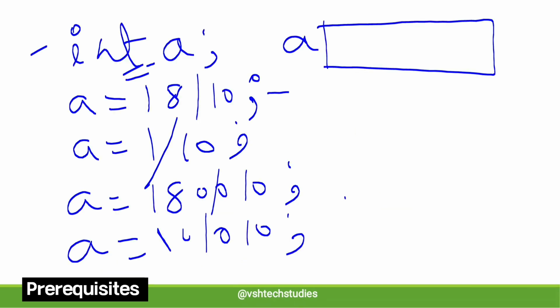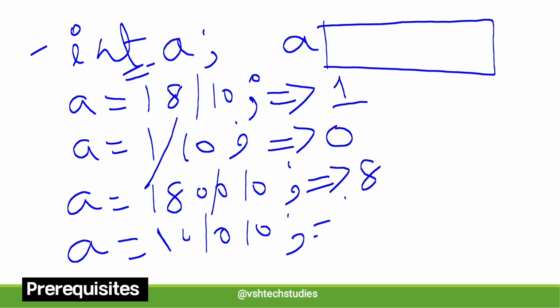Okay. So what is the status of a after this instruction? After the division instruction a is 0. After the next instruction a will become 8. After this a will become 1. Okay. So this prerequisite is needed for tracing and writing the output in this session.